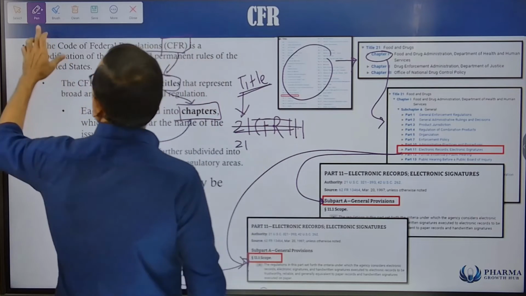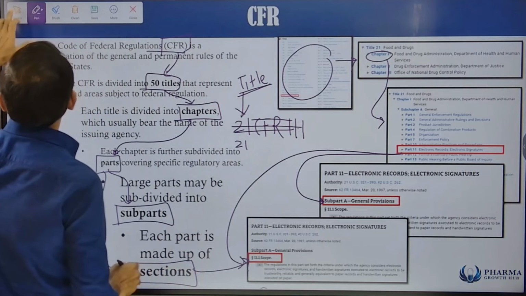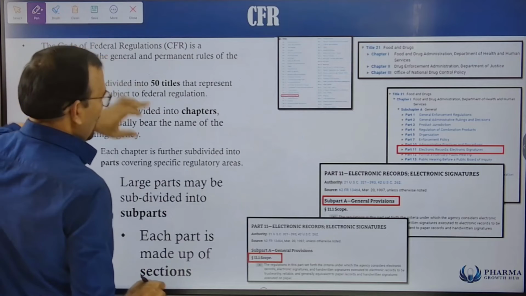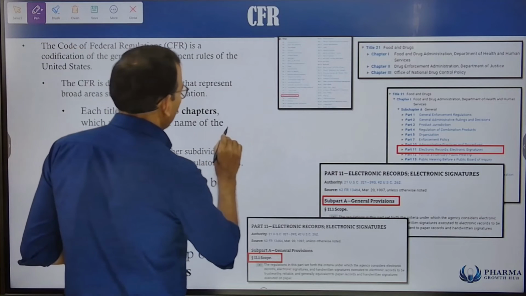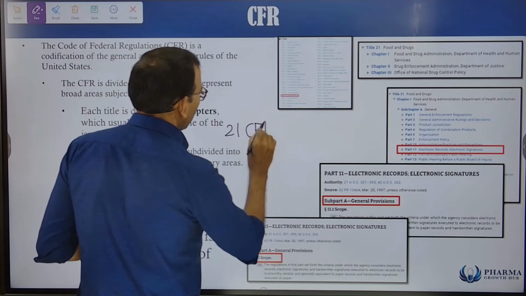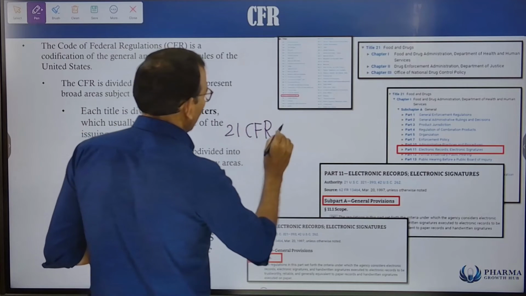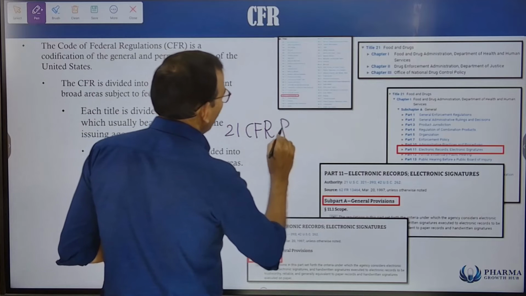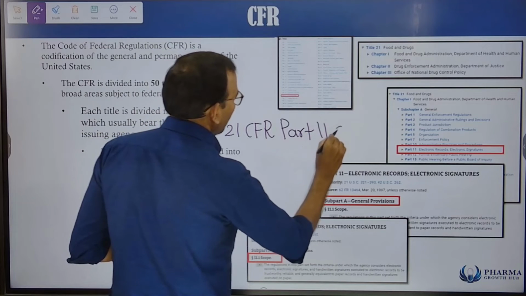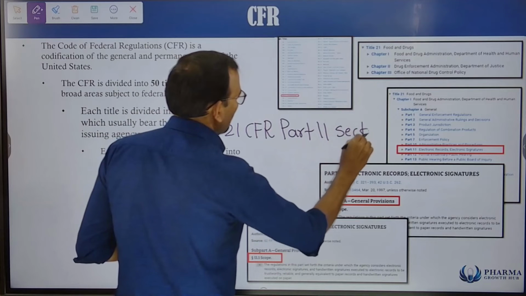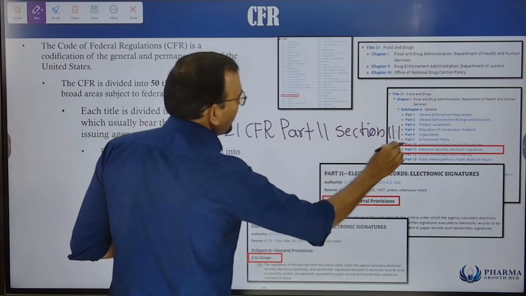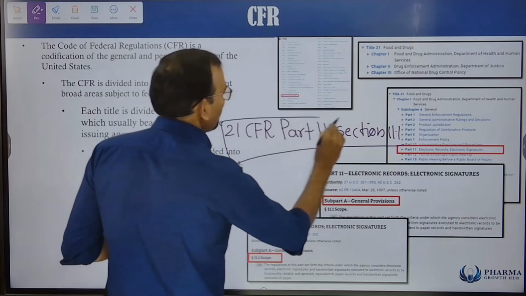Okay, let me write the name of this particular clause and how this has to be written. 21 CFR. So the title number 21, 21 CFR. Then part 11, part 11, and then the section 11.1, section 11.1.